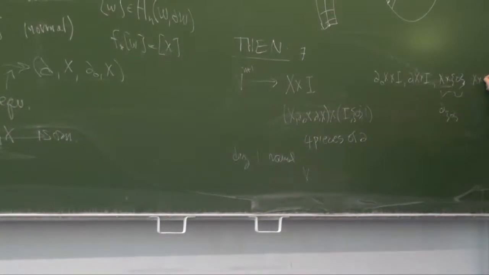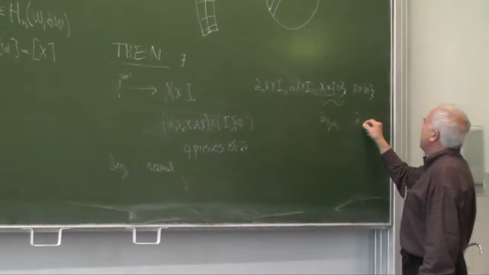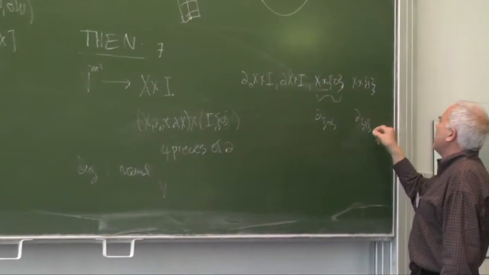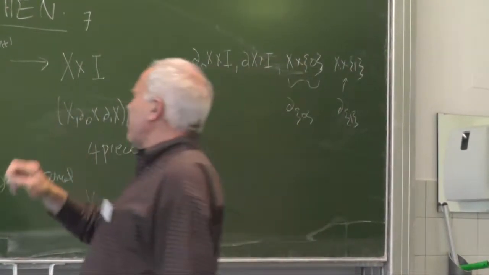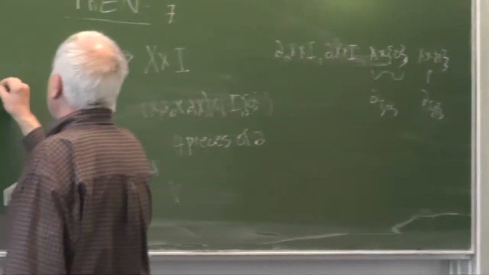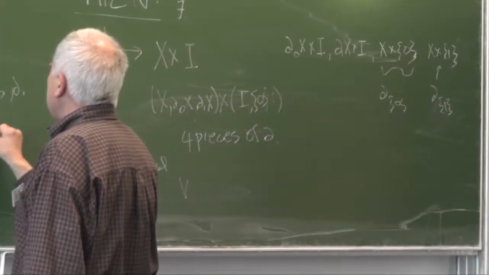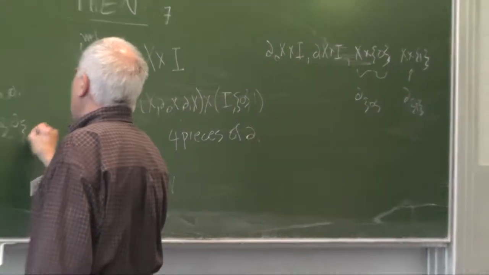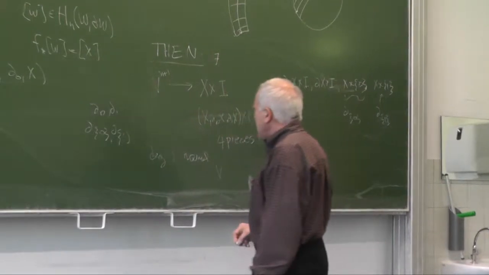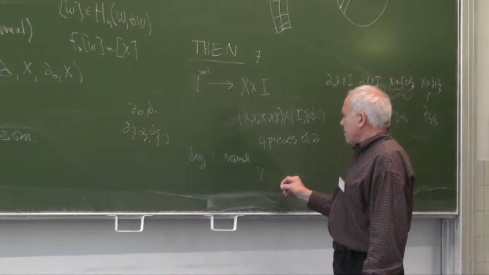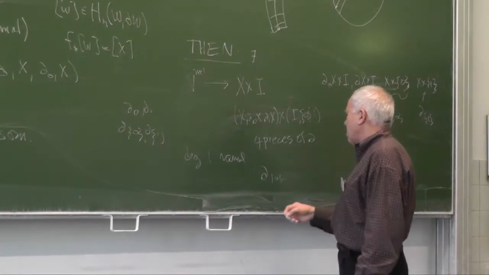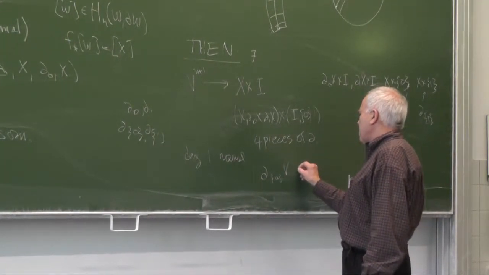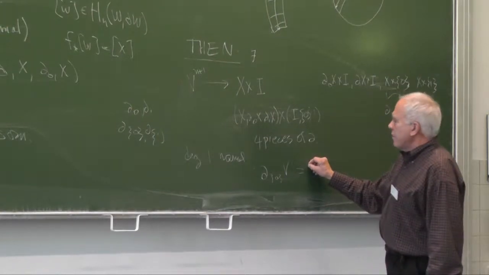And X cross 1. So how about boundary curly brace 1? So here we have four pieces of the boundary. Boundary 0, boundary 1, boundary curly 0, boundary curly 1. And we want boundary curly 0 of V to be the original starting data.